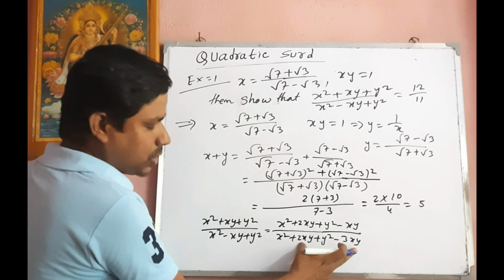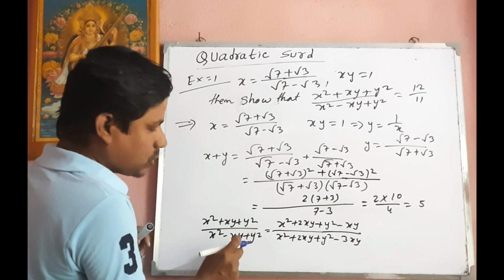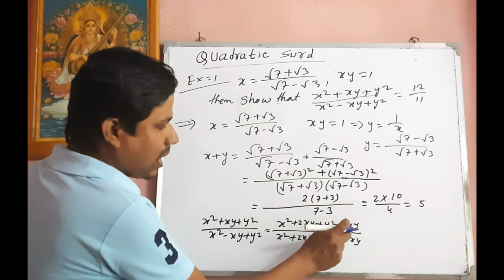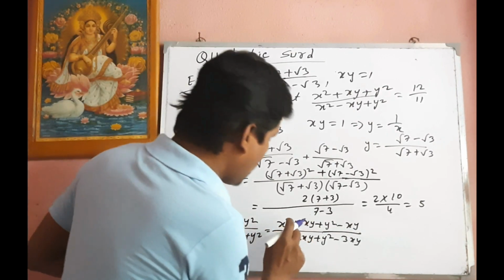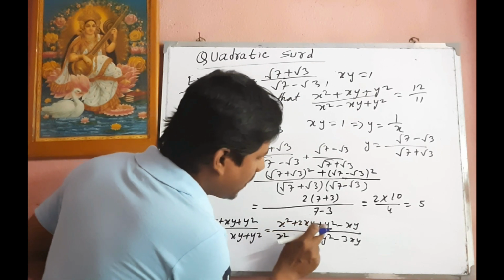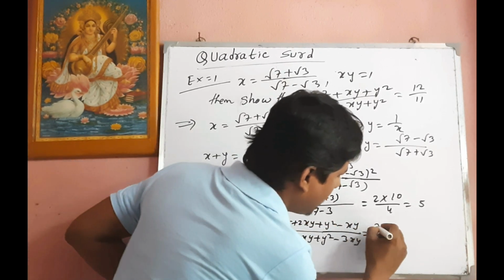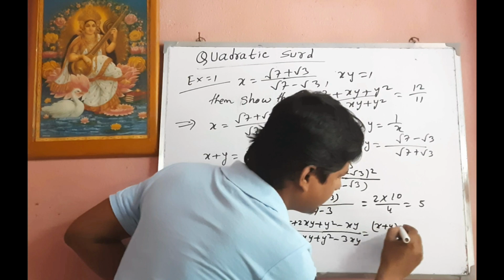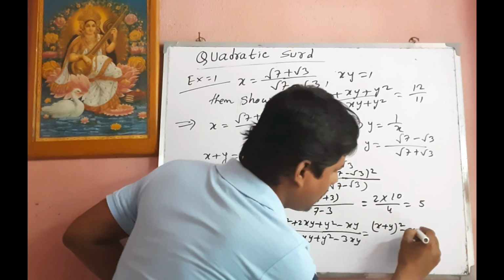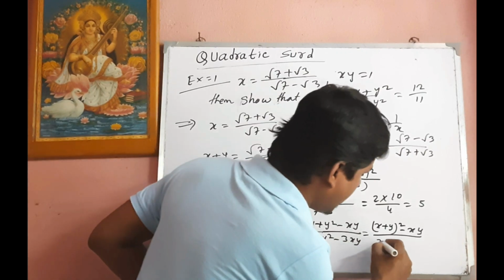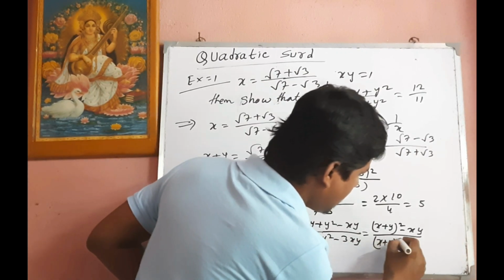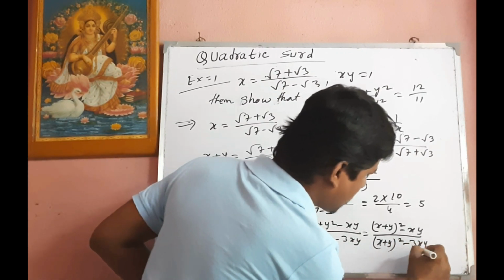If we calculate these two parts, we get minus xy. Similarly, 2xy and minus xy, after calculating, we get plus xy. Now x square plus 2xy plus y square is the formula of x plus y whole square, and this is minus xy. Similarly, here x plus y whole square is there, and this will be minus 3xy.